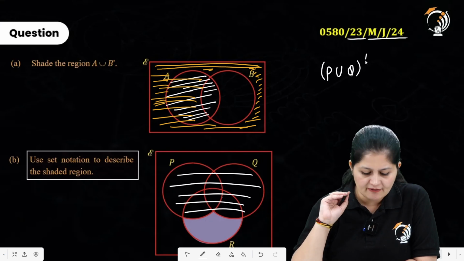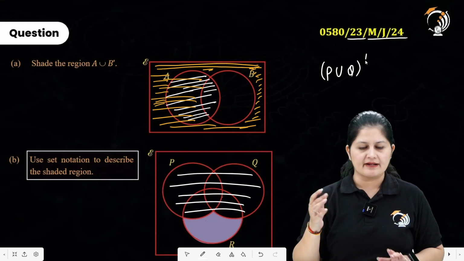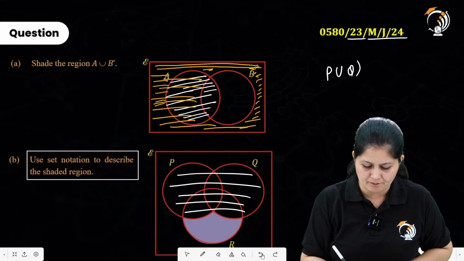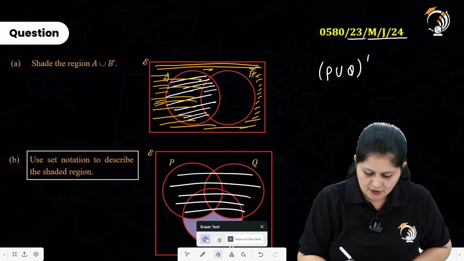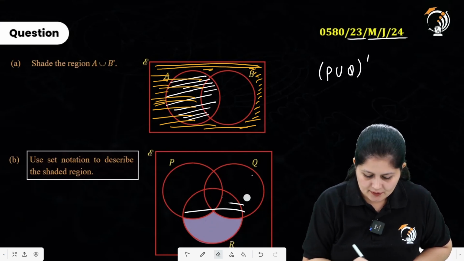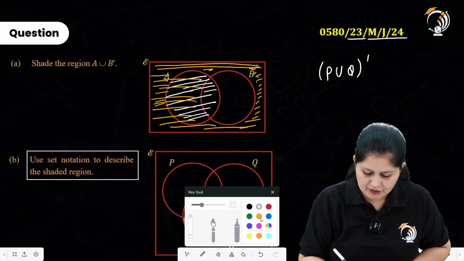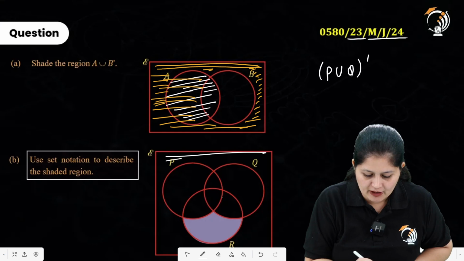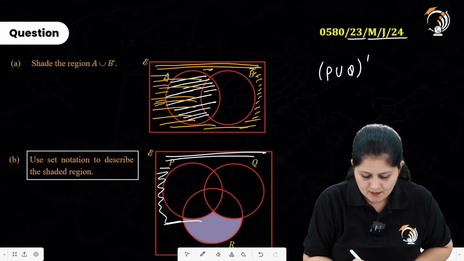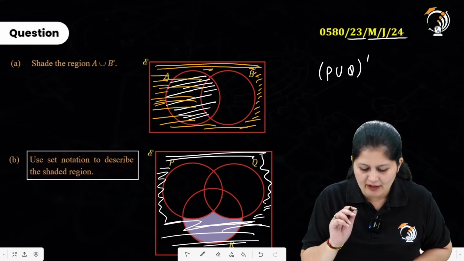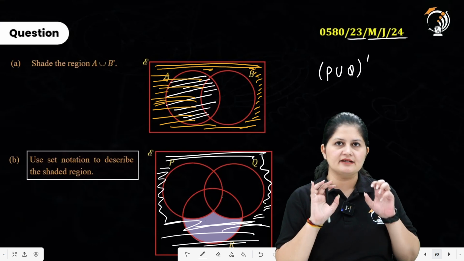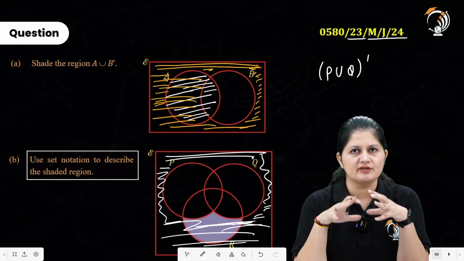If I mark the complement of P union Q, we are going to get this whole region as the complement of P union Q, but we need only the part that is of the set R.